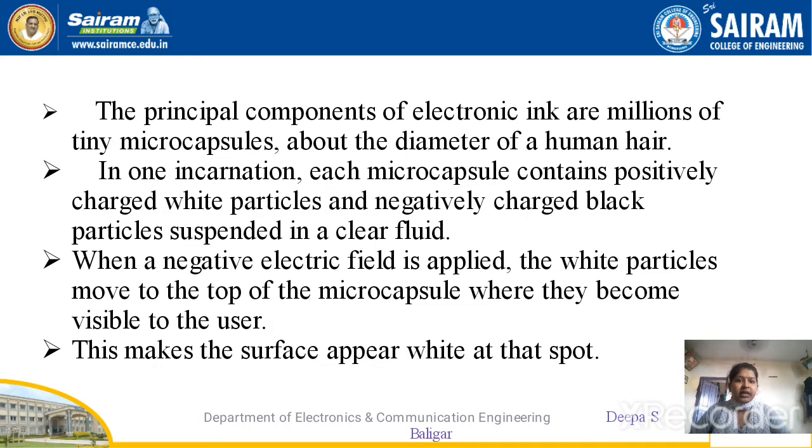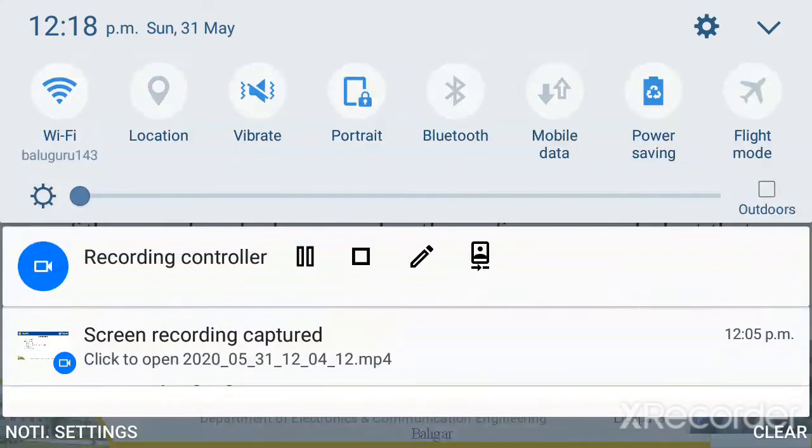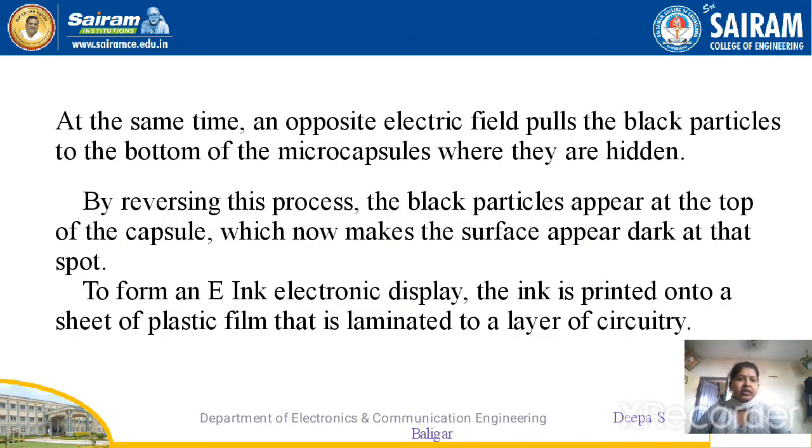When a negative electric field is applied, the white particles move to the top of the microcapsules and become visible, and this makes the surface appear as a white spot. At the same time, the opposite electric field pushes the black particles to the bottom of the microcapsules, where they are hidden. Reversing the process makes the black particles appear at the top of the capsules.